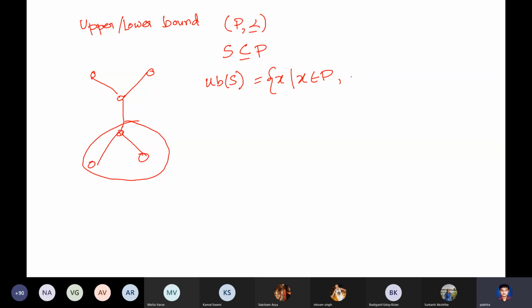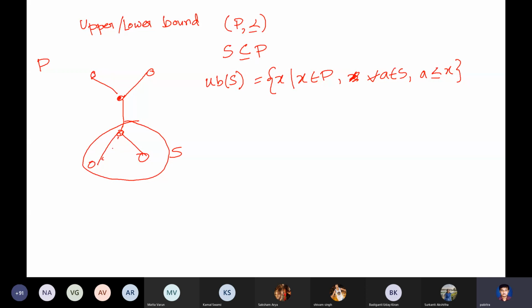The upper bound of S would be that set of X such that X belongs to P, so all elements in P, such that for all A in S, A is less than or equal to X. So one element belonging to P would be called an upper bound of the subset S if it is greater than or equal to all elements of S. So if this is my S and this entire thing is my P, then you see this is an upper bound because this is greater than this, and this.